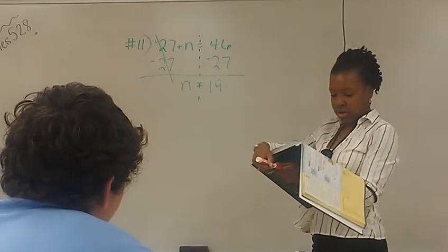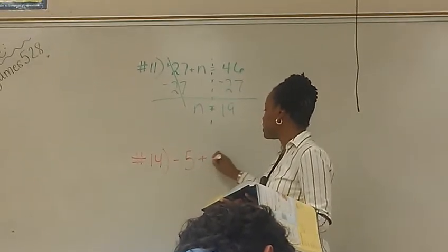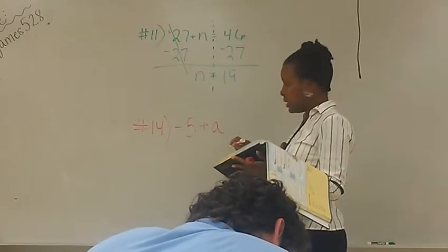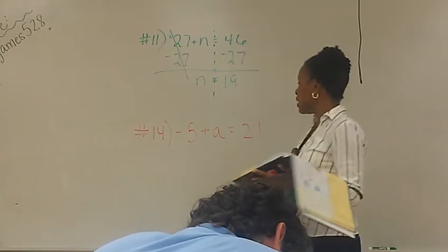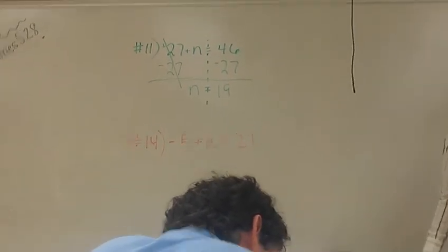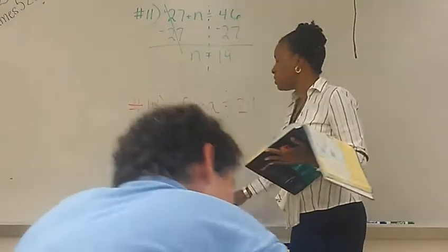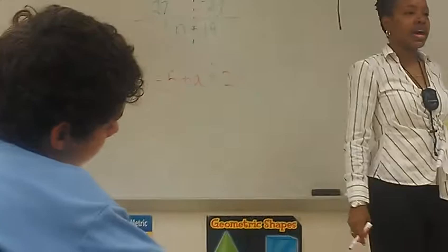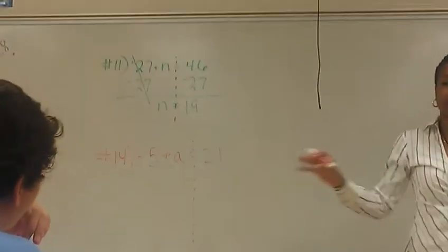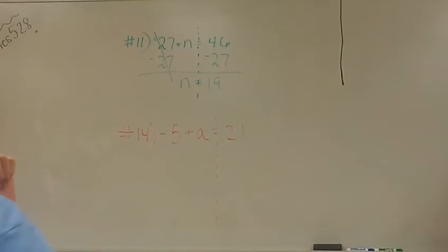Alright. Let's do number 14. It says negative 5 plus a equals 21. Anybody remember what's the first thing I need to do? First thing, Emerson. Draw your lines. Set your boundaries. Divide your equation into two parts. Next thing I need to do, anybody remember?